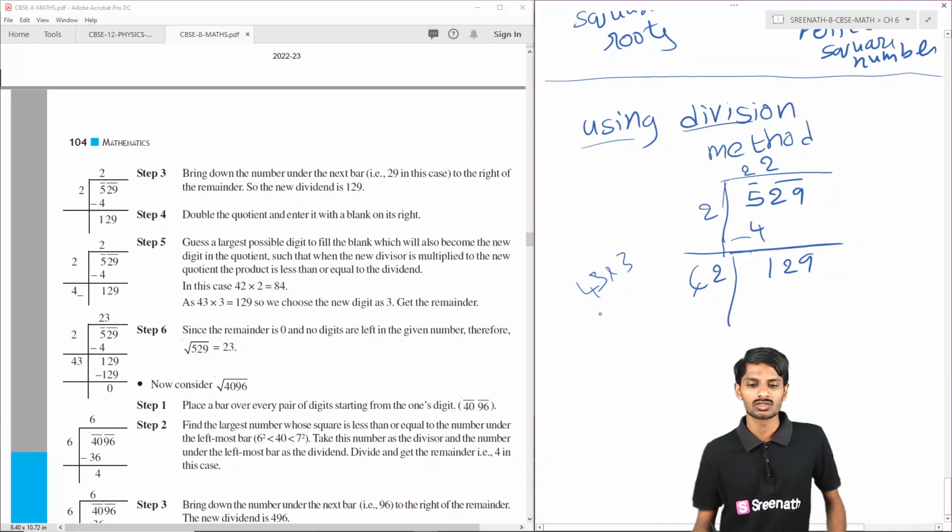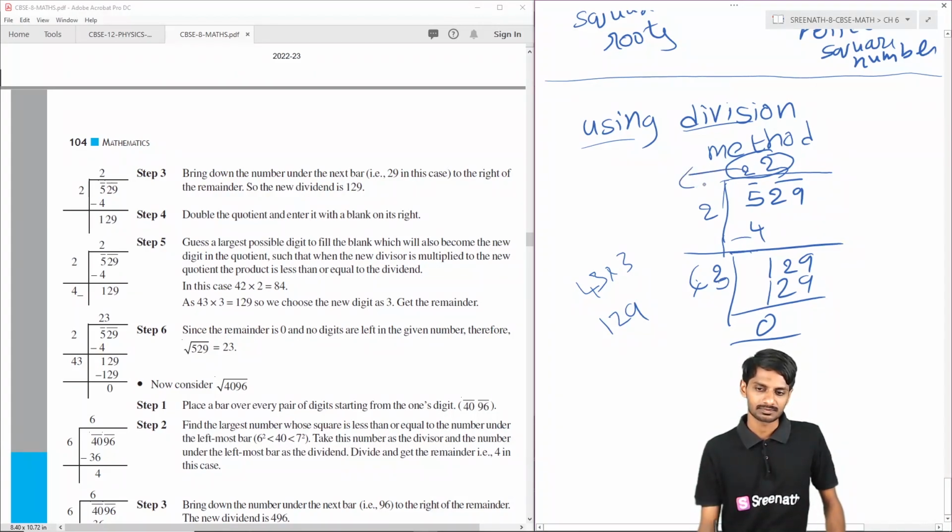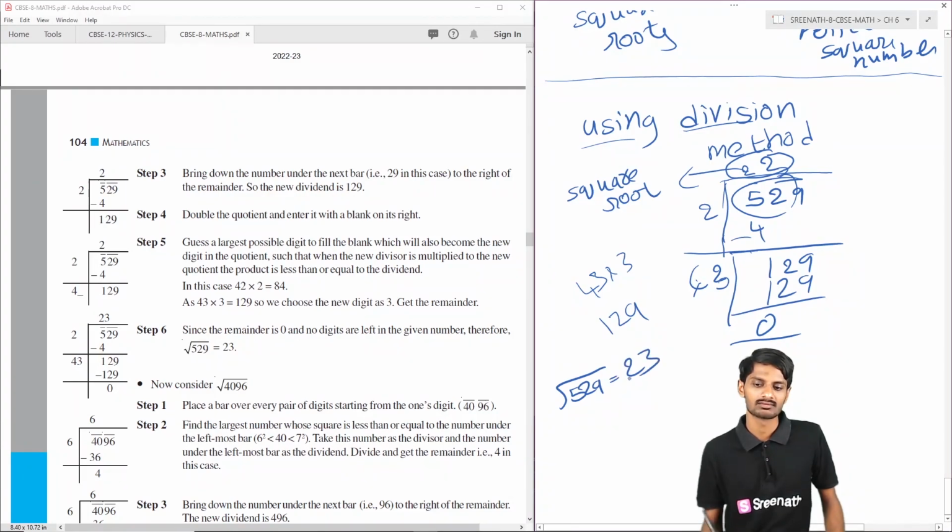You will get 43 into 3 is 129, which is equal to this. So we'll make it 3. 43 into 3 is 129. If you subtract it, it is 0. So when our remainder is 0, the quotient here, 23, is the square root of this number. Therefore, the square root of 529 is equal to 23.